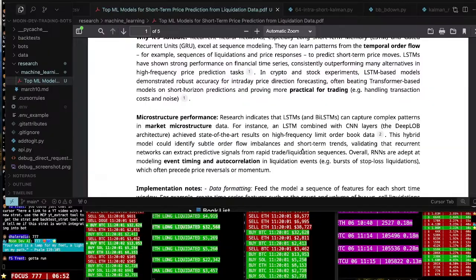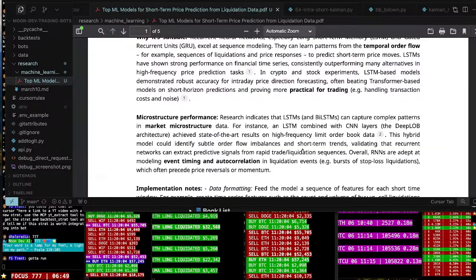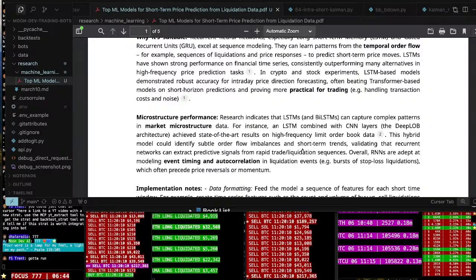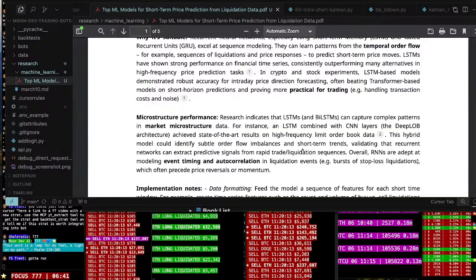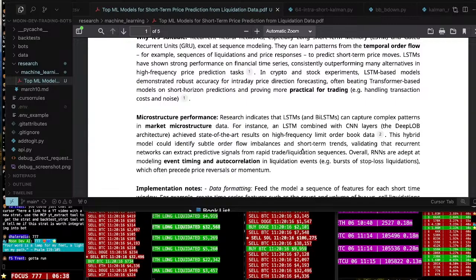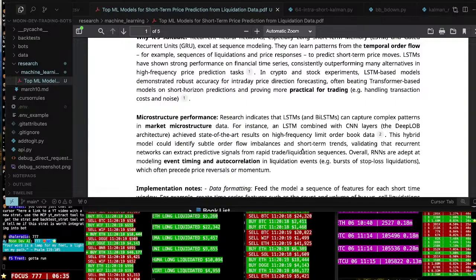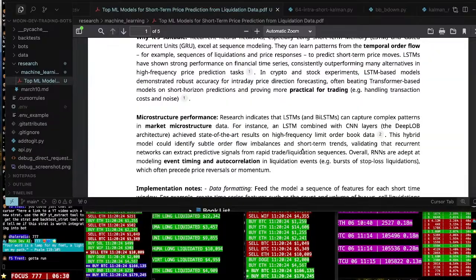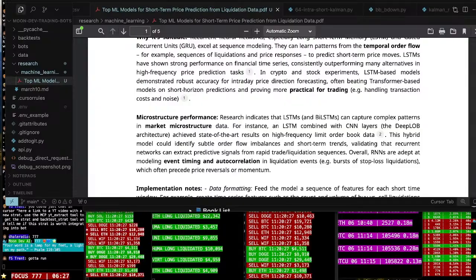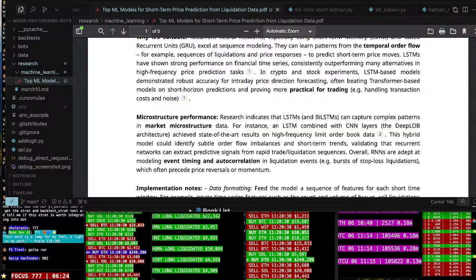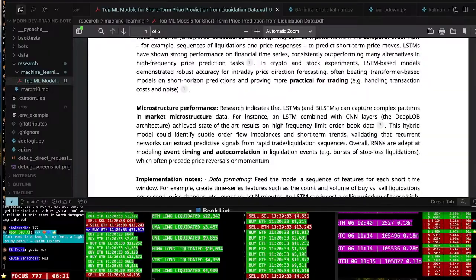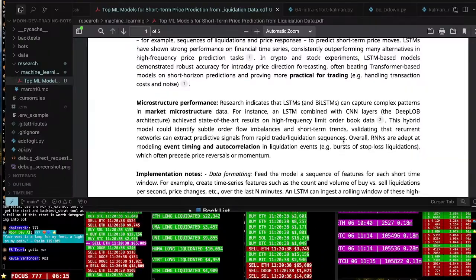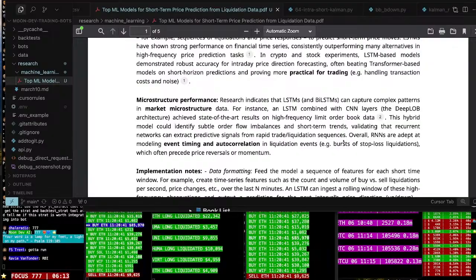Research indicates that LSTMs and BiLSTMs can capture complex patterns in market microstructure. For instance, an LSTM combined with CNN layers, the DeepLOB architecture, achieves state-of-the-art results on high-frequency limit order book data. Interesting. This hybrid model could identify subtle order flow imbalances and short-term trends, validating that recurrent networks can extract predictive signals from rapid trade liquidation sequences.